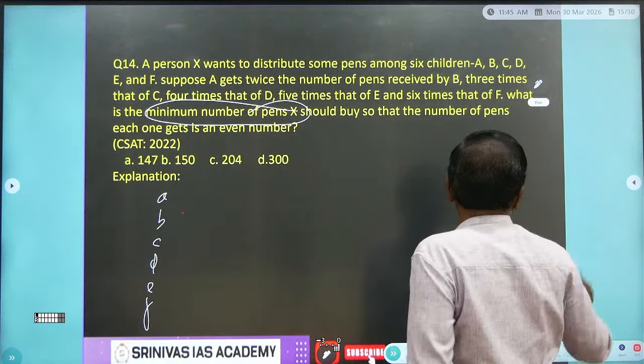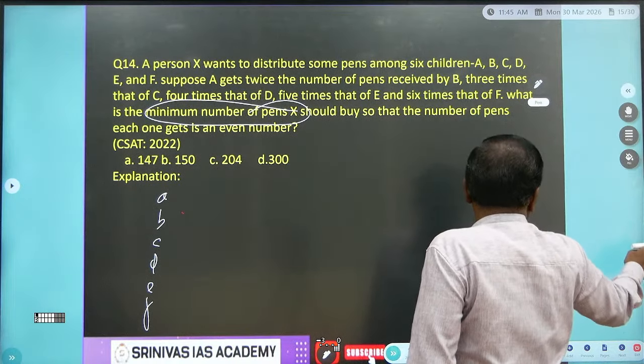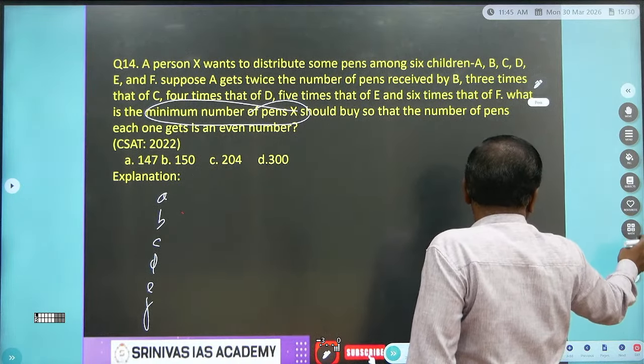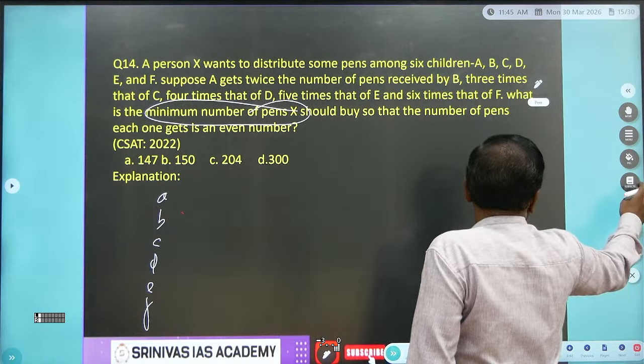So everything is an even number, and see if you can try to solve this. This involves some additions and so on.